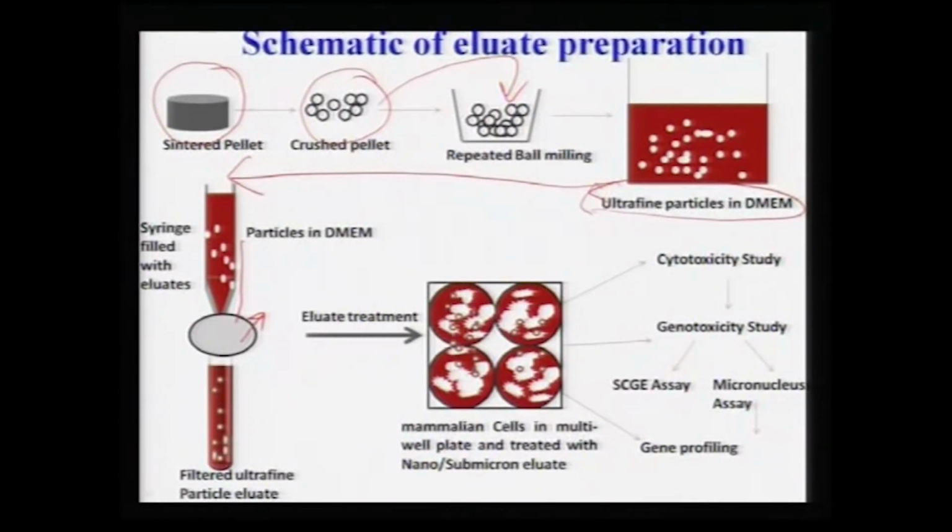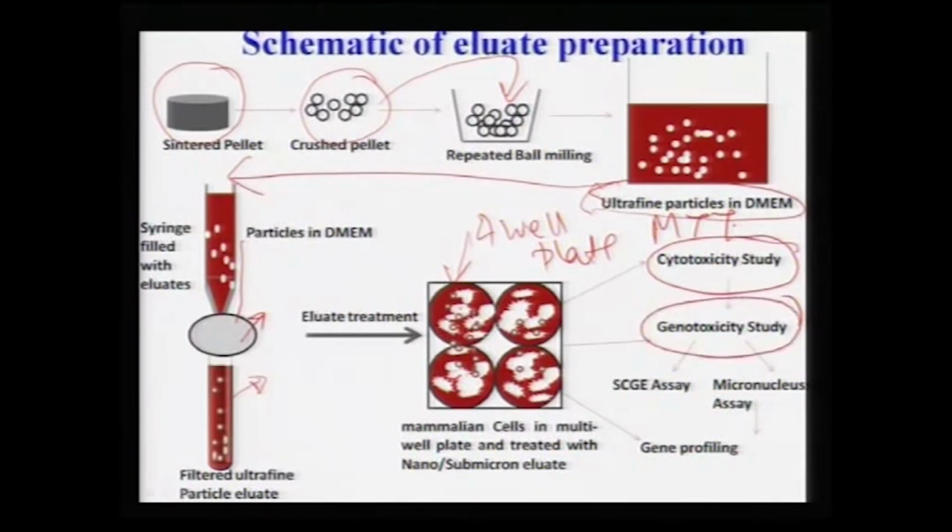Now, after this you treat with this eluate. This is a 4-well plate, for example. A 4-well plate means there are 4 different wells, and in each well you put the cells and then treat them with the nanoparticles carried by the DMEM. Once you do that, you can do the cytotoxicity assay, which is called the MTT assay.